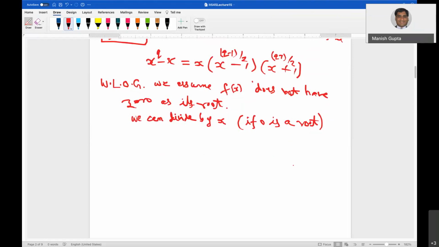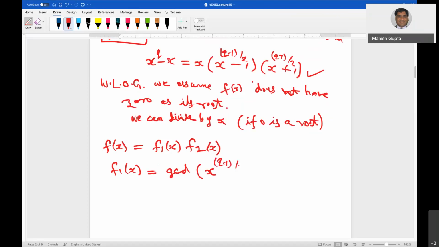Then, using this relationship, keeping this in mind, we can write f(x) as a product of f1(x) and f2(x), where f1(x) is GCD of x raised to power (q minus 1)/2 minus 1, comma f(x), and f2(x) is GCD of x raised to power (q minus 1)/2 plus 1, comma f(x).